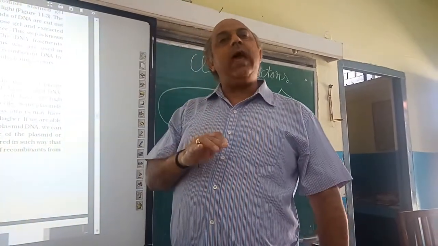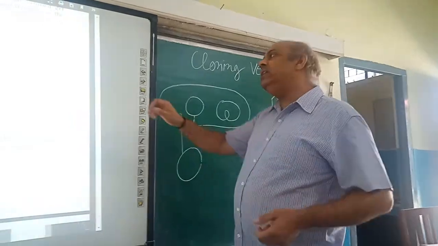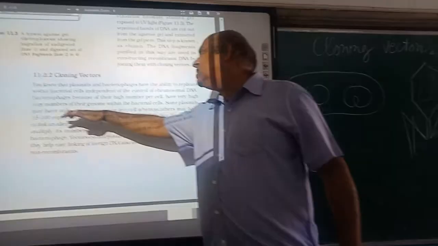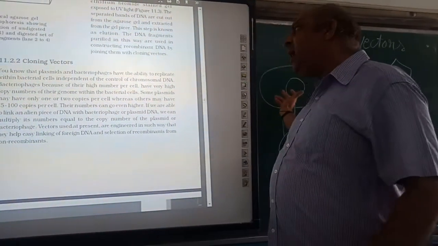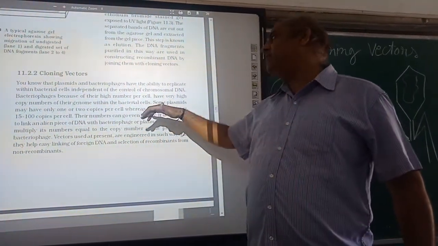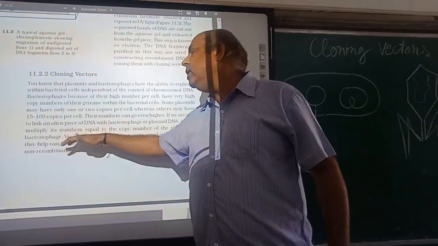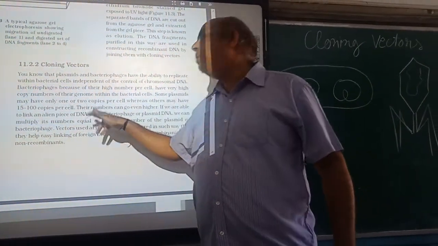Different plasmids have different ability to replicate. Some plasmids, when sent to bacteria, only form 1 or 2 copies per cell. But some plasmids have quite a high ability to form 50 to 100 copies per cell.